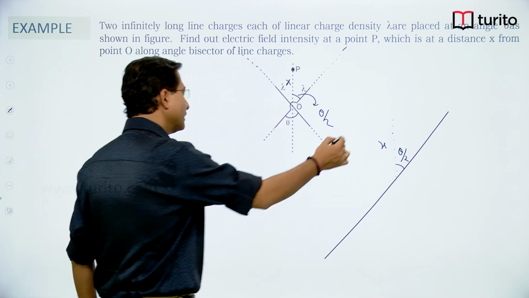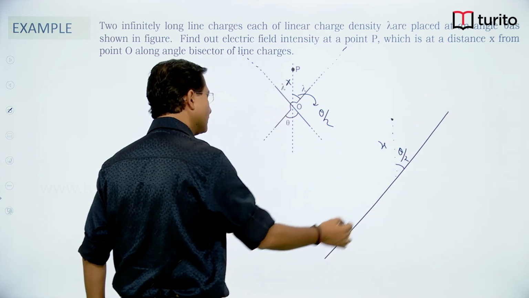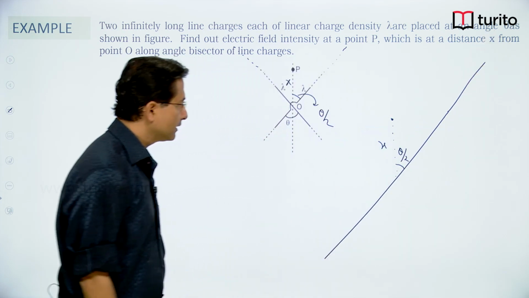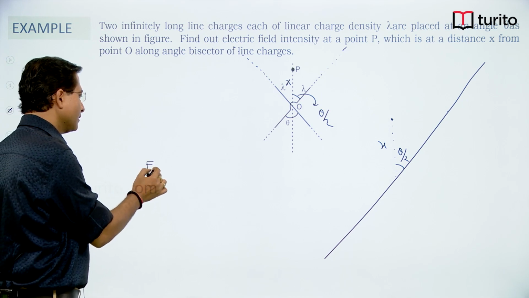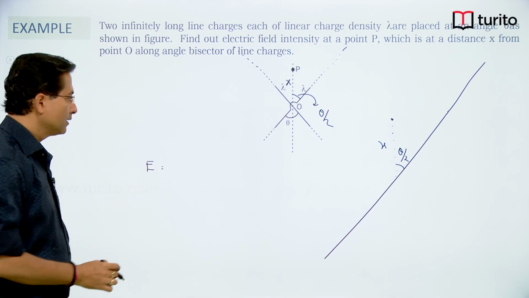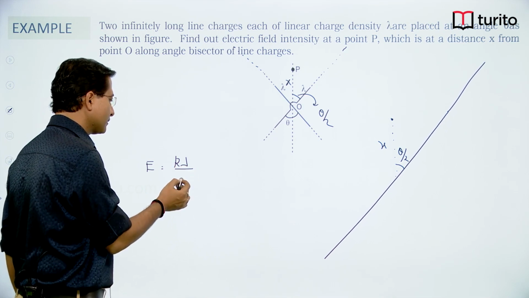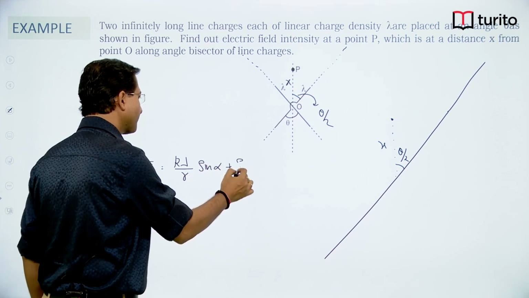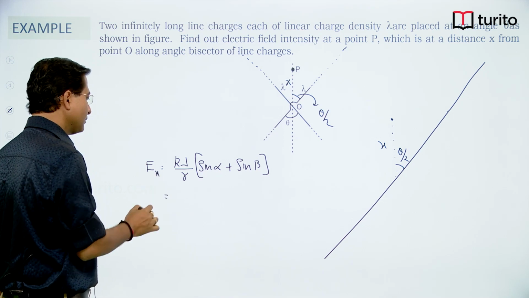For this particular point, this wire is behaving as an infinite distribution. So the formula we had is k lambda divided by the perpendicular distance, sin alpha plus sin beta, and that will be the x component.